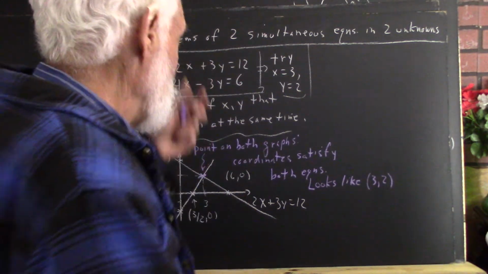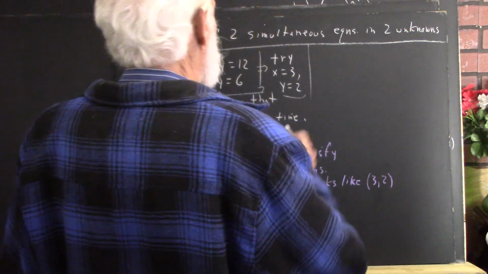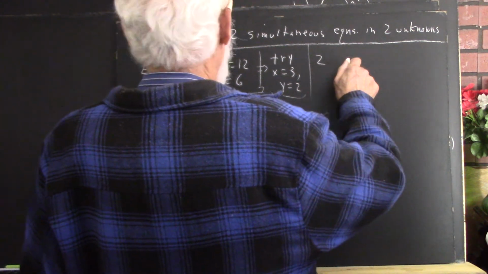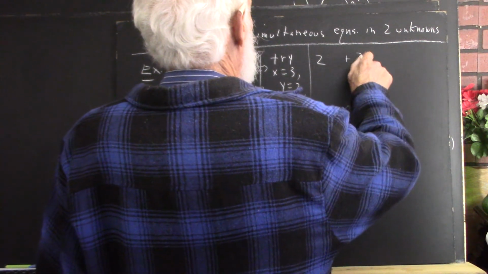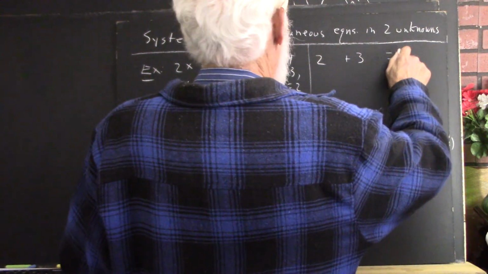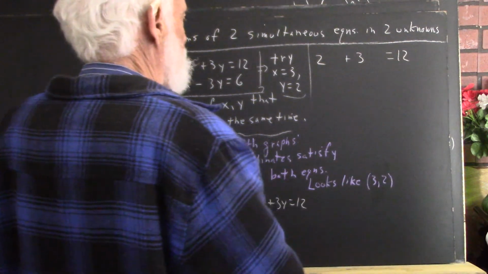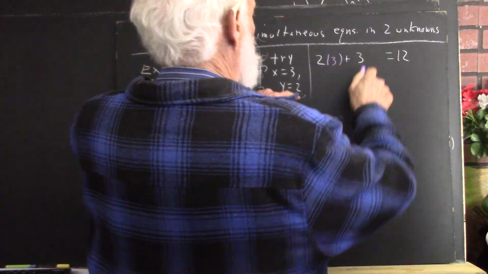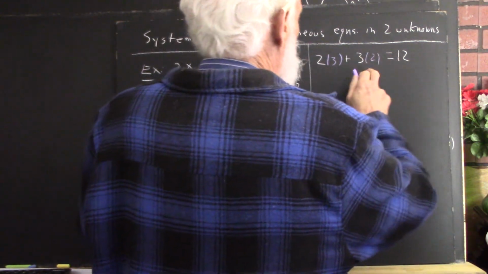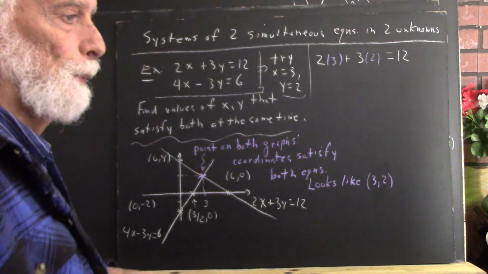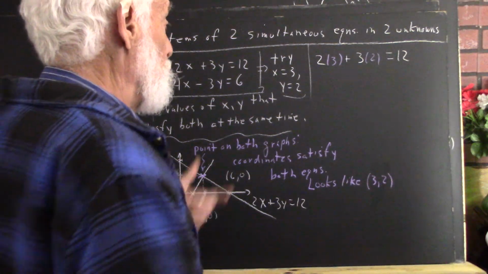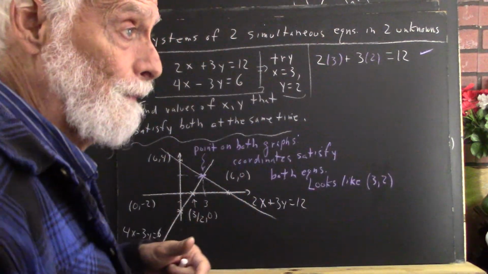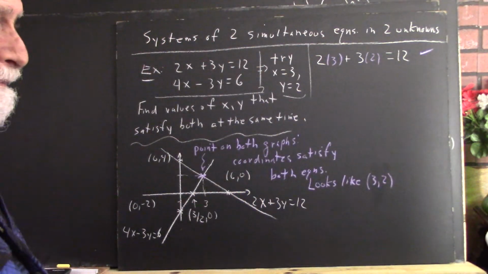So we get 2x plus 3y equals 12. Well, if x equals 3 and y equals 2, we get 2 times 3 plus 3 times 2 equals 12. And clearly that works. 6 and 6 gives you 12, so it worked. Very, very surprisingly.